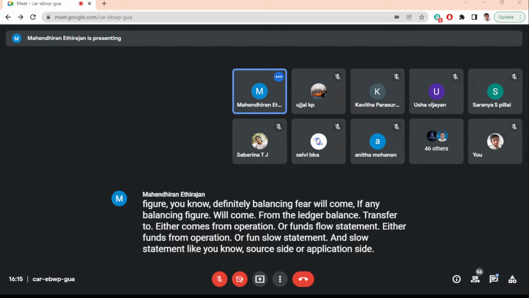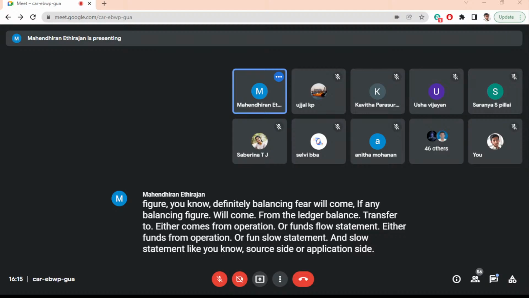Okay. So second step, when you prepare the ledger balance, if any balancing figure comes, it will be transferred to either funds from operation account, or the funds flow statement. Funds flow statement has two things, source and application. Okay, step number 2 is over. Please note it down carefully. If you have doubt, ask me.